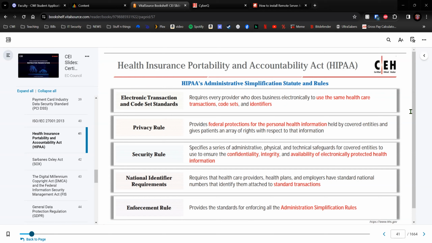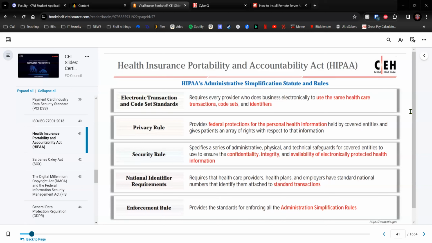Basically, that was put in because they had so many different varying ones nationwide that it became almost impossible to go through the records. So they had to create a national standard for it.